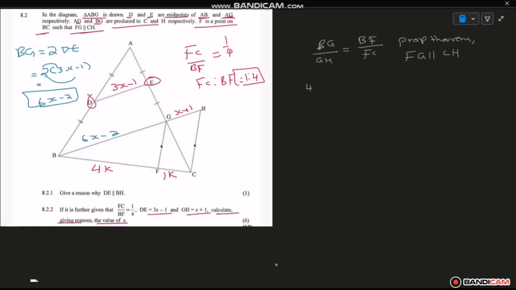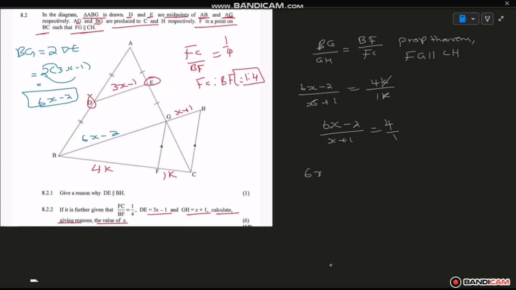Then BG is 6x minus 2 over x plus 1 equal to 4k over 1k, because these are not actual lengths, these are ratios. Then the k's cancel out, so this is 6x minus 2 over x plus 1 equal to 4 over 1.